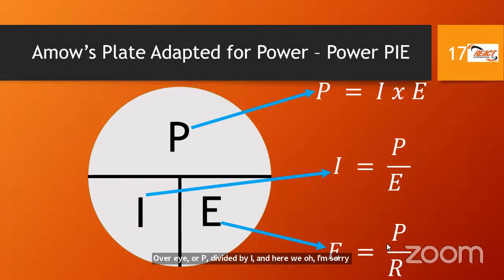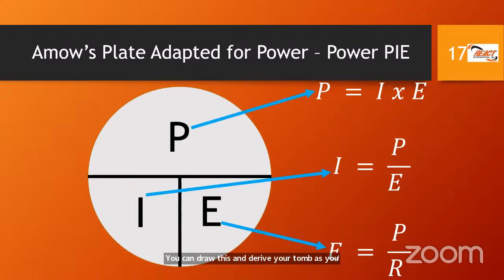We'll correct it for the next session. This should be E is equal to P over I. But you get the point, folks. This is a nice aide de memoire to understand the power formula, similar to Ohm's plate for Ohm's law. You can draw this and derive your term as you require.